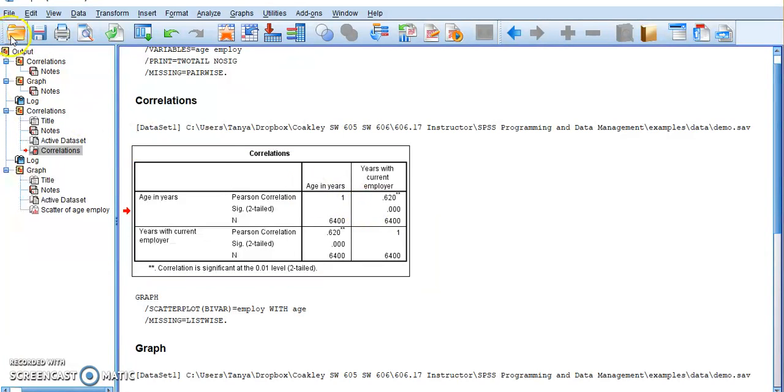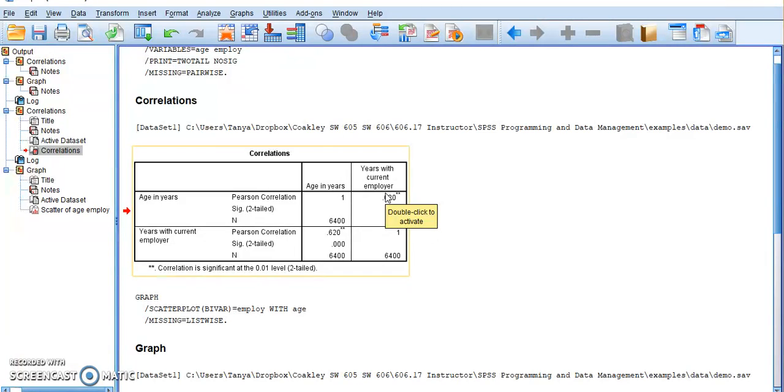The higher this number goes, from 0.6 up to 0.9 and then 1, the stronger the relationship. If it goes lower, say if age were related to another variable that had a weak relationship, you might see a Pearson's correlation r of something like 0.2.